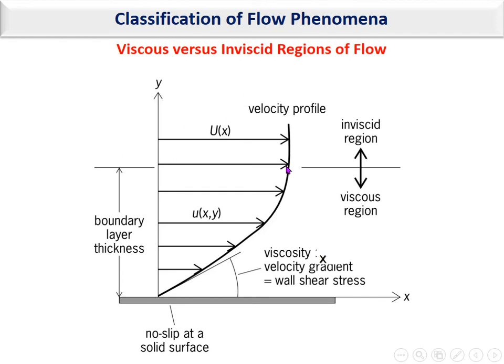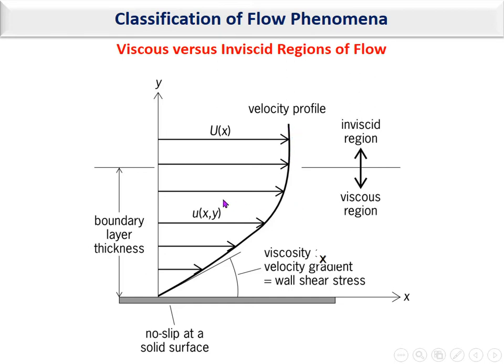The region of the flow below this point is considered as viscous region, while the flow above this line is called inviscid region. So again, as you can see, in the viscous region you have the velocity gradient, but outside the viscous region, which is the inviscid region, the velocity gradient is 0. What is velocity gradient?